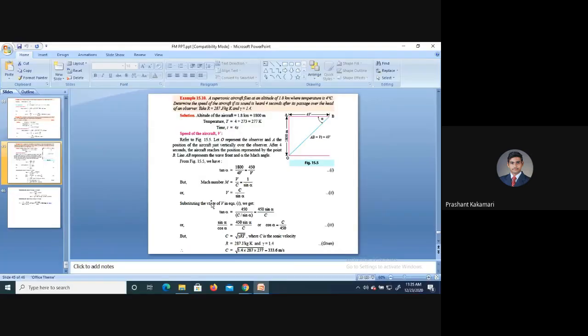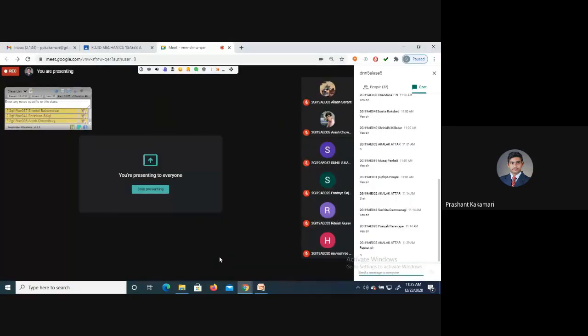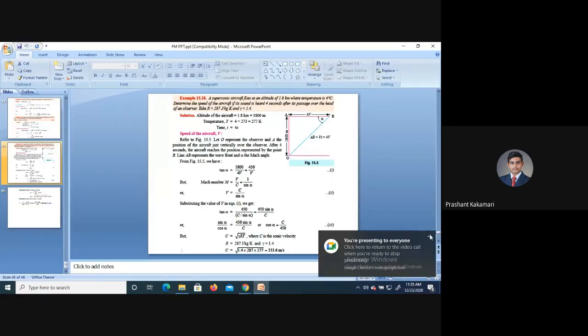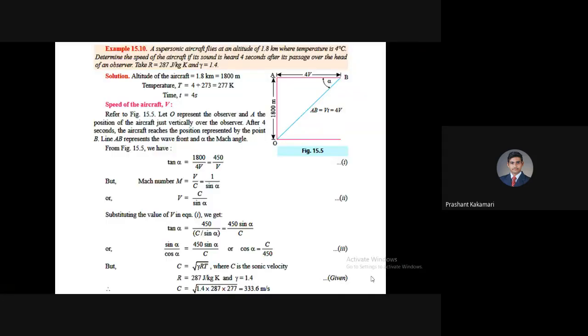Yes, find out and tell me the answers. Take some 2-3 minutes. Find the value of Mach angle alpha and velocity of the plane V. If it is more than C, then it is a supersonic aircraft.